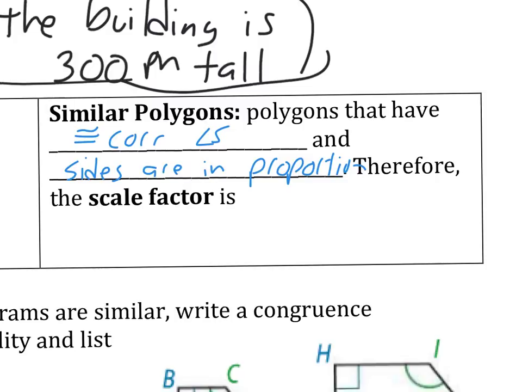What this tells me is that they might not be the exact same size. One is smaller than the other, like an action figure based on me. The scale factor is just one of the ratios. Whatever the ratio of the proportion is, that is the scale factor.